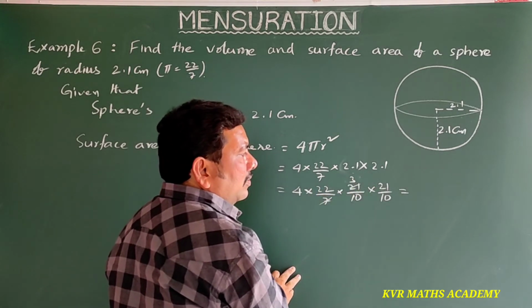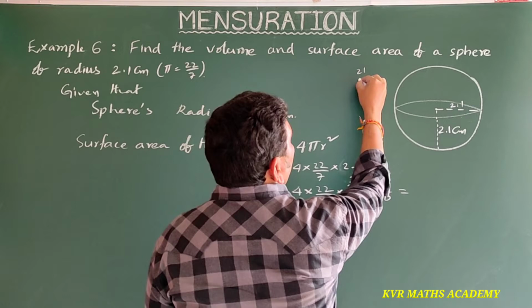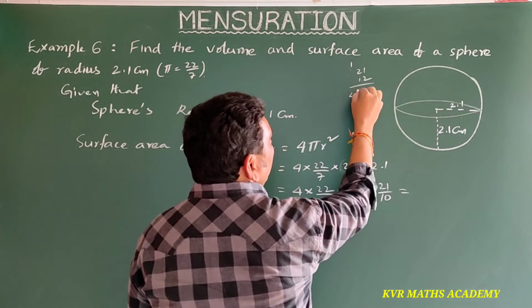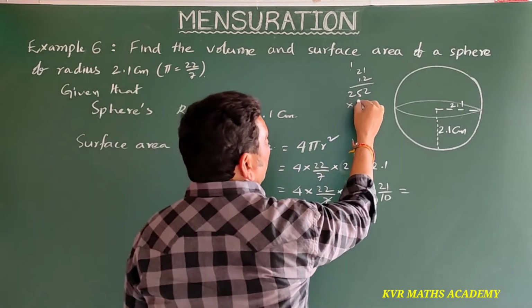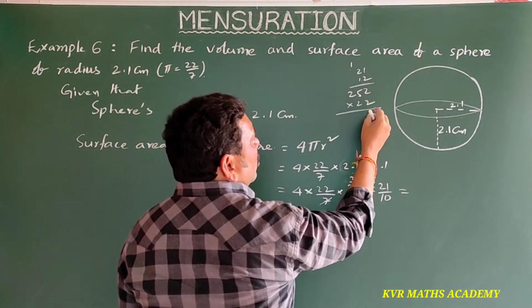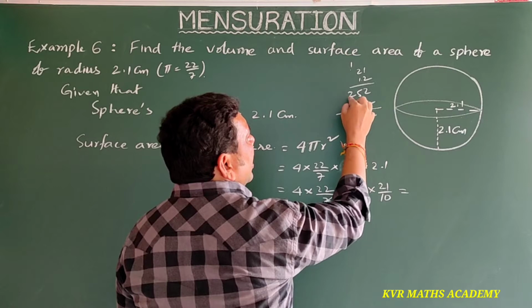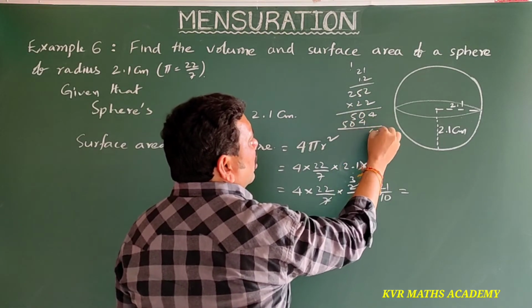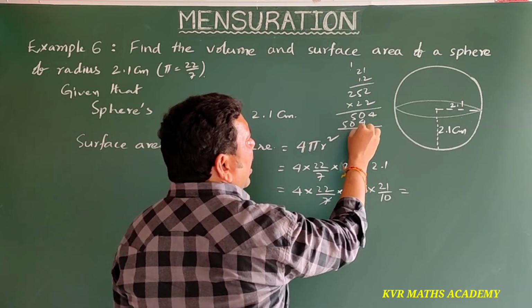12 21s are, 12 1s are 12, 12 2s are 24, 252 into 22. See, 2 2s are 4, 2 5s are 10, 2 2s are 4, 5. Again 504.